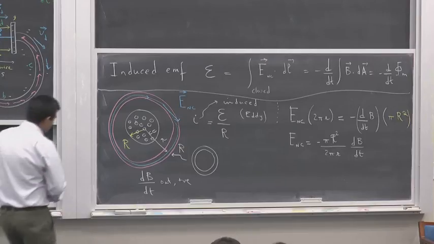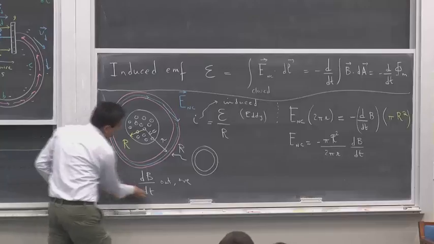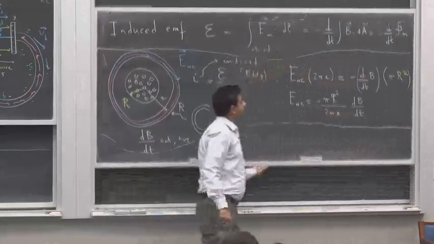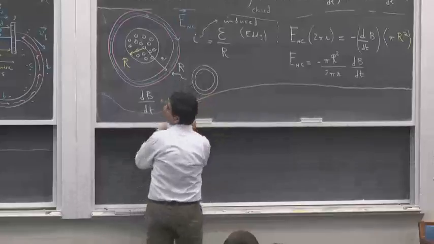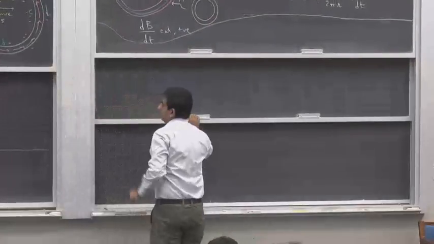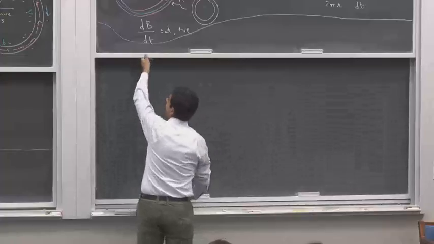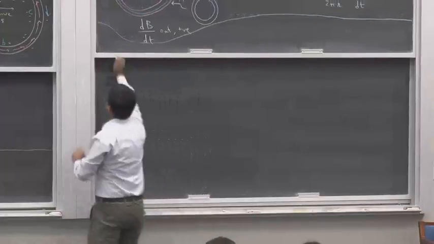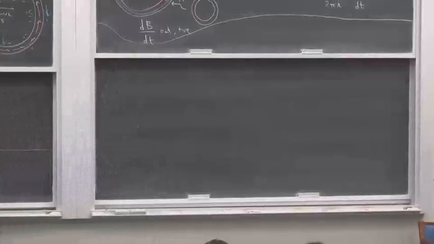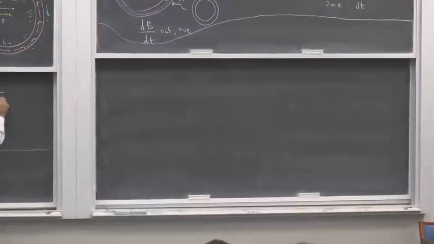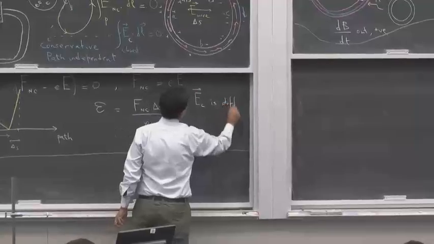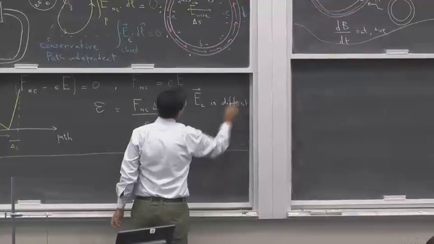Now I would like to look at a few examples, a few applications in the last 10 minutes or so. So I've talked about how E_C, the Coulombic field, is different from E_NC.